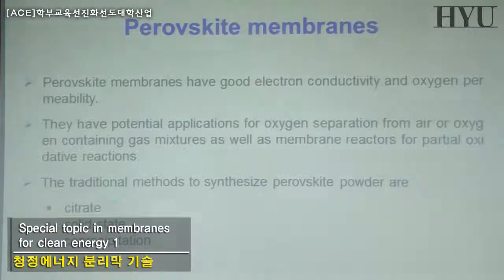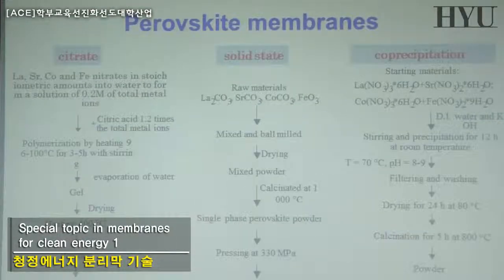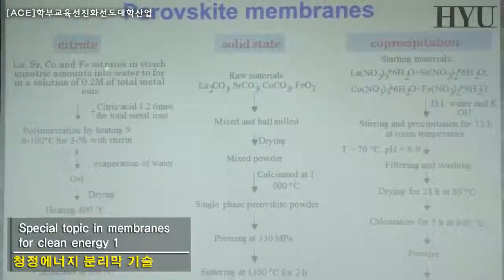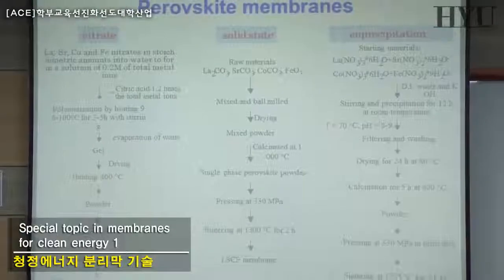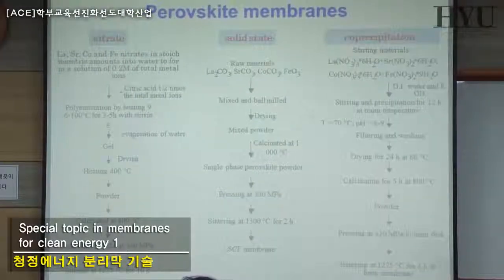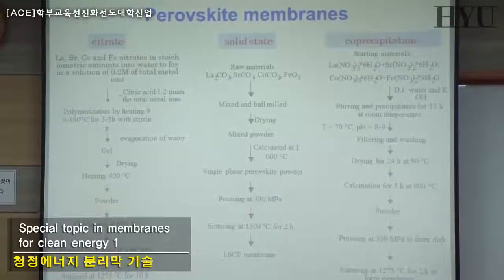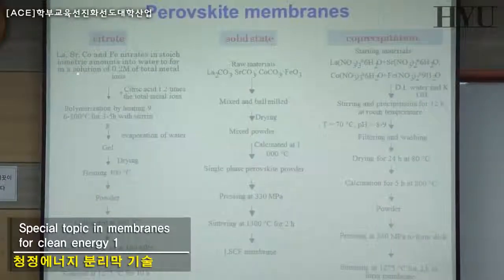Traditional methods to make this perovskite powder were the citrate state, solid state, or co-precipitation states, and we can take a look at each of them. The citrate, solid state, and co-precipitation states have a little bit different stages, but the citrate route contains lithium, strontium, cobalt, and ferrous nitrates as a starting material.